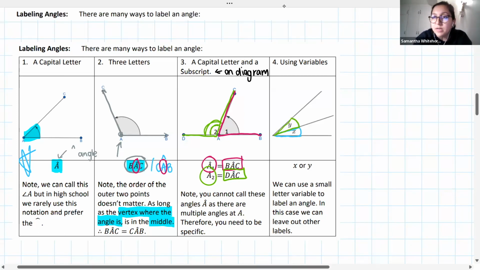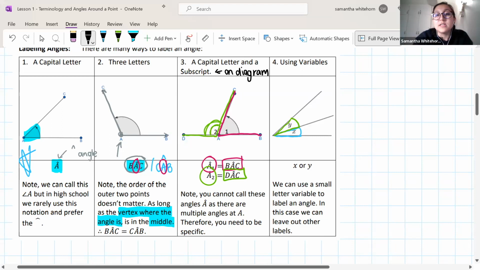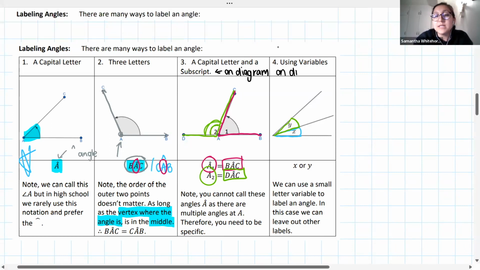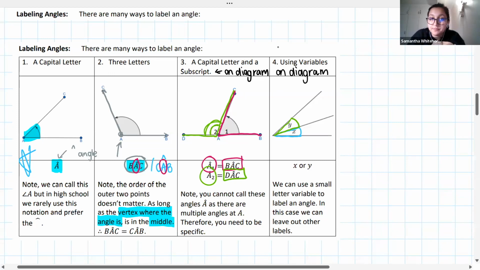I don't have to put the 3 letters. Got X, I've got Y, those are my angles. Again, this will be only if this is given on your diagram. We can't just add things that aren't on a diagram to a diagram. It must be there. But if you've got X and Y labeling angles, just use X and Y. There's no need to try and overcomplicate it with letters. Use X, use Y, that's it.